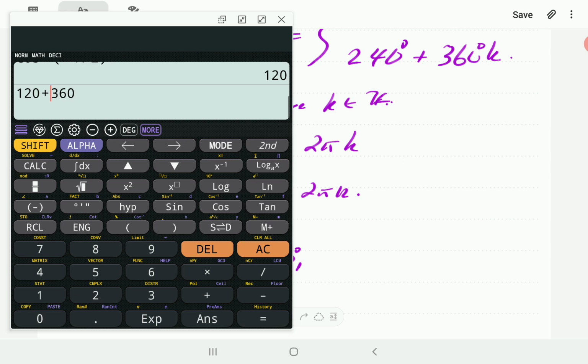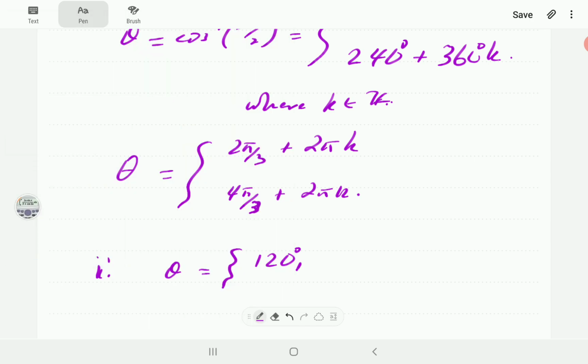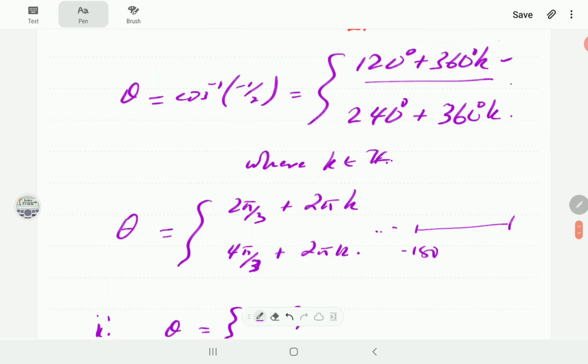So next we try 120 minus 360. We'll find -240, which again is outside that range, because if this is 180, -240 is somewhere there. So that's going to be all the angles we can get from this one.